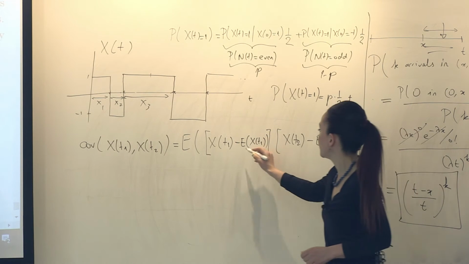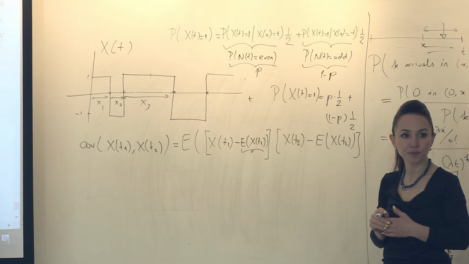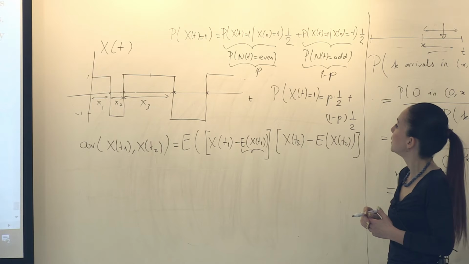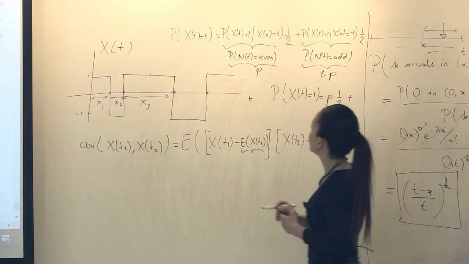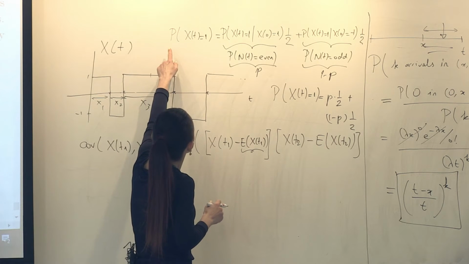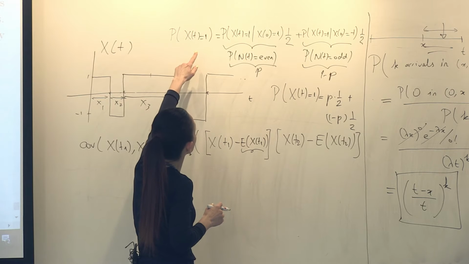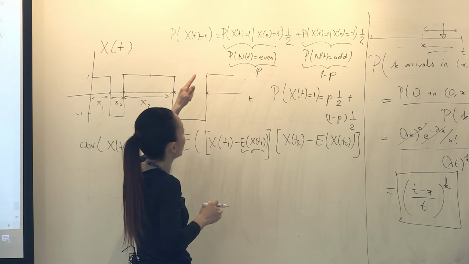But what is the expectation of x of t1? Well, we computed in the previous part that at any time x takes the value 1 with probability a half.